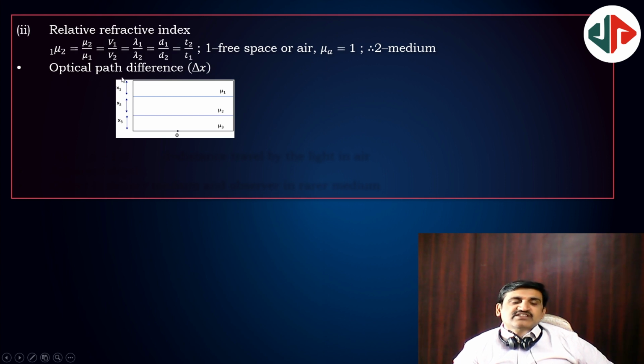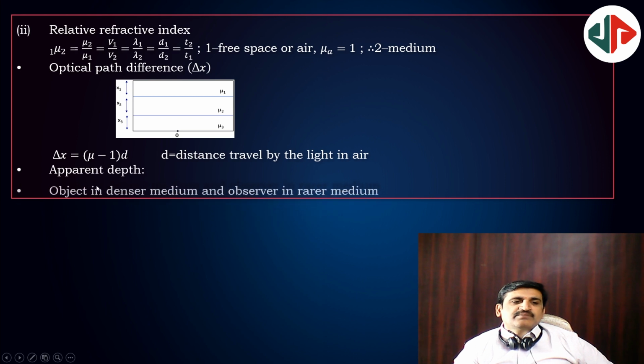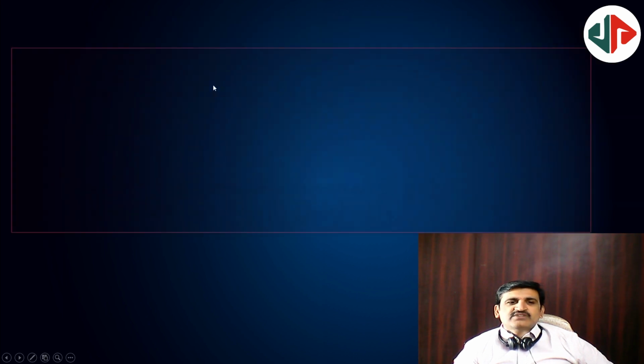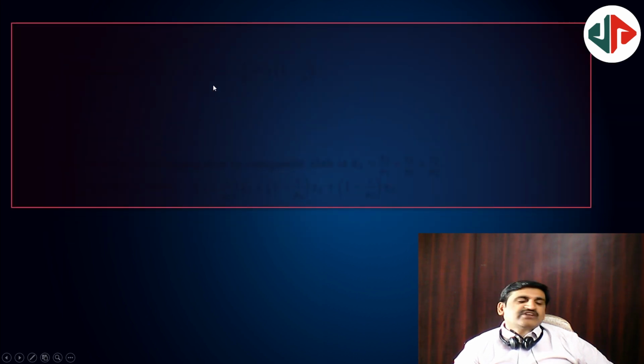Optical path difference is the path traveled by the light in free space in the equivalent time. And delta x is equal to mu minus 1 into d. Apparent depth: whenever an object is in one medium and observed from a different medium, apparent depth will come into action.